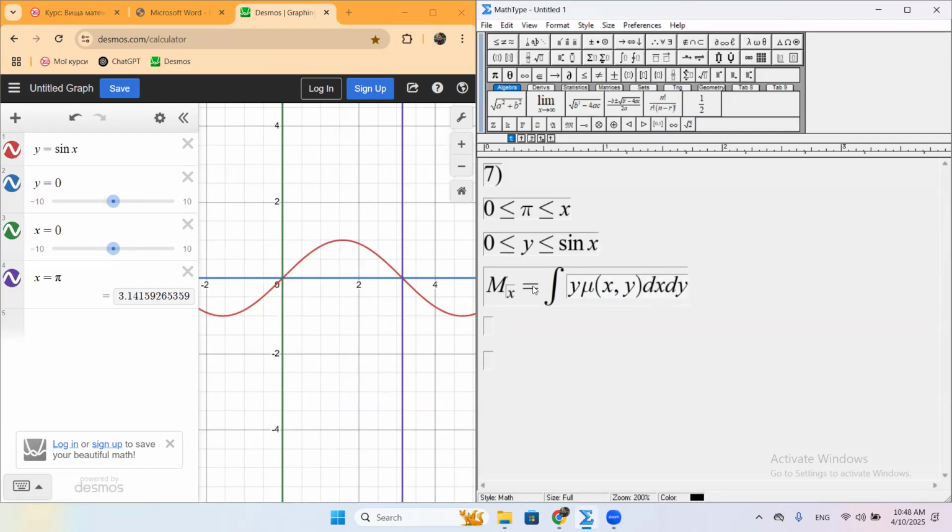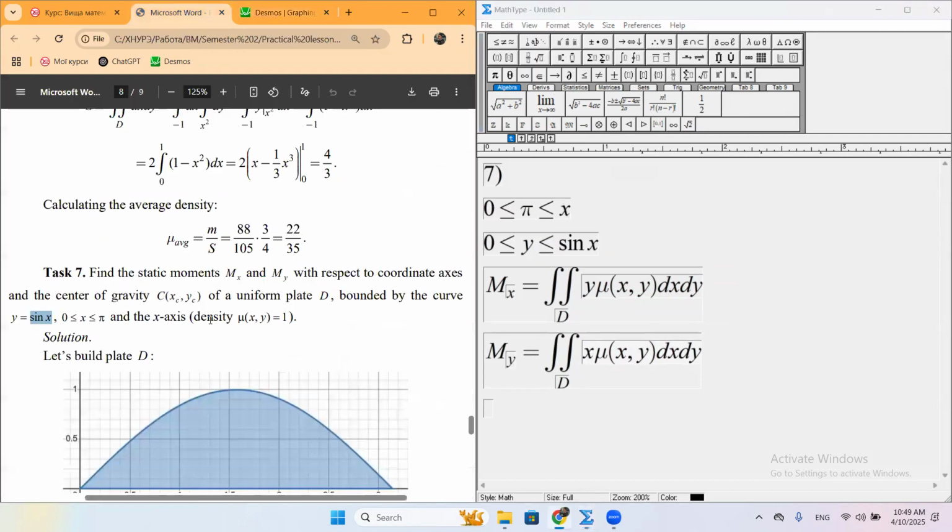Yeah, and by the way, it must be a double integral. And analogically for y, we swap variables. So yeah, and in our case, from the conditions, the density mu equals 1. That's why it's easier for us.